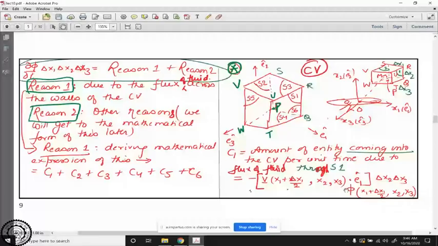Now there should be time also. I should have put that because we are talking about things happening at this instant. I have not written it, and probably on the coming slides also it is missing, but this is implied that we are talking about what is happening at this instant.